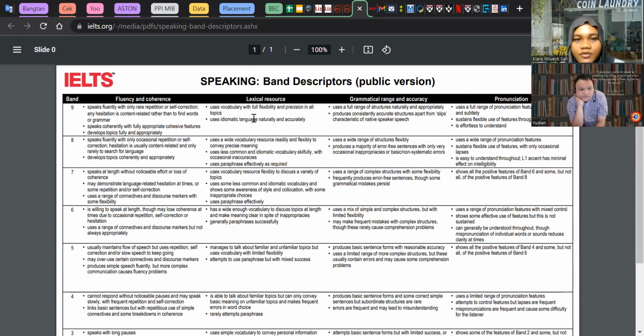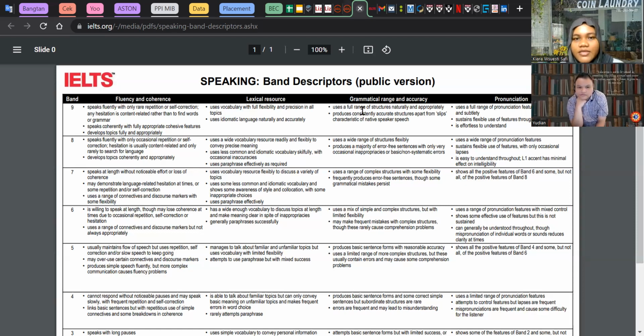We also got lexical resource, which means that you have enough vocabulary to discuss the given topics, and you can use some idioms, or not too harsh slang, or speak with natural idiomatic expressions.